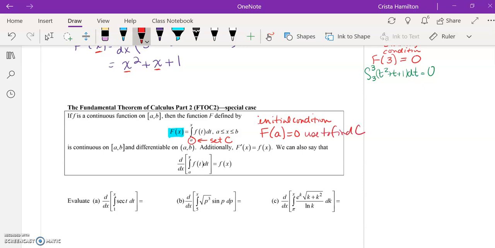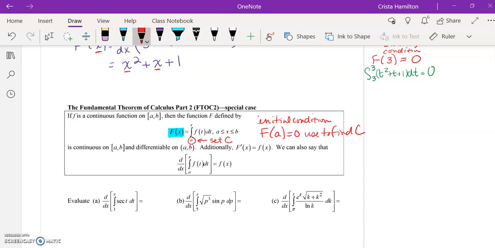Or you could simply do the net change, which would be to calculate an antiderivative, usually the one with the constant equal to 0, and calculate the net change by plugging in x and plugging in a and subtracting them. But instead of doing all of that work, what we're going to see is that you don't have to.